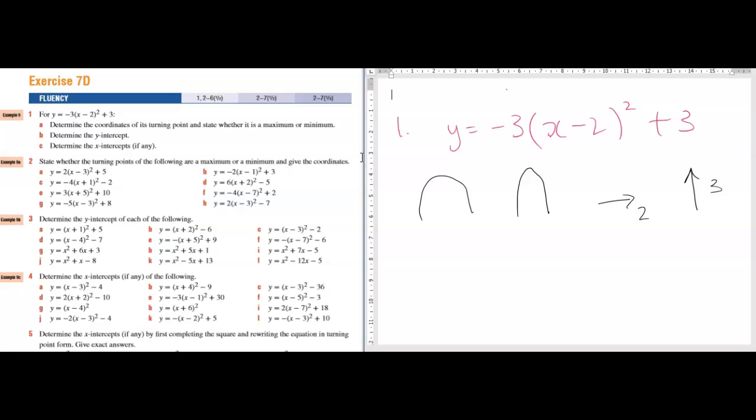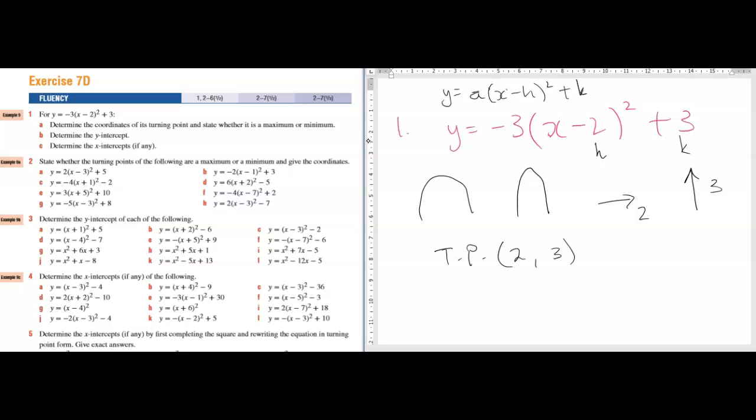Question A: determine the coordinates of the turning point and state whether it's a maximum or a minimum. So here's H and here's K. Your turning point, which I'm just going to call TP, is (2, 3). This negative sign is not negative 2, because our general turning point form should have an A, which already has that negative there.